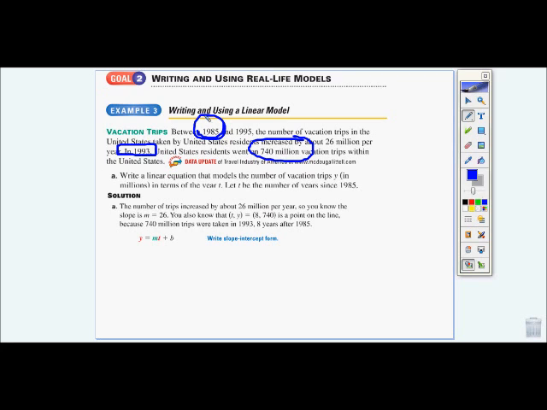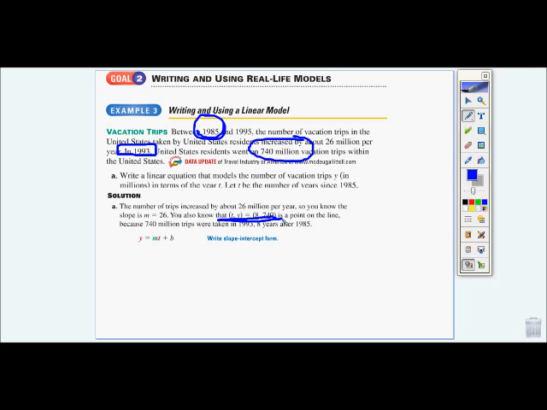That is now a coordinate point. Time is the x-axis, y is how many million vacations, and so we have the coordinate point 8 and 740.